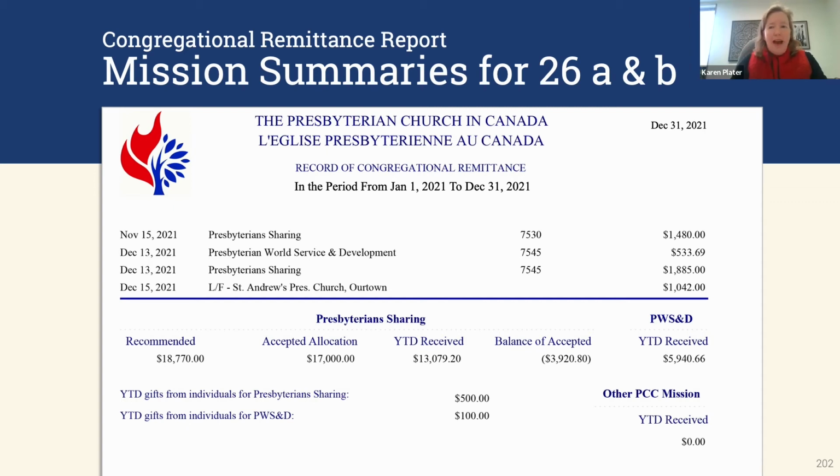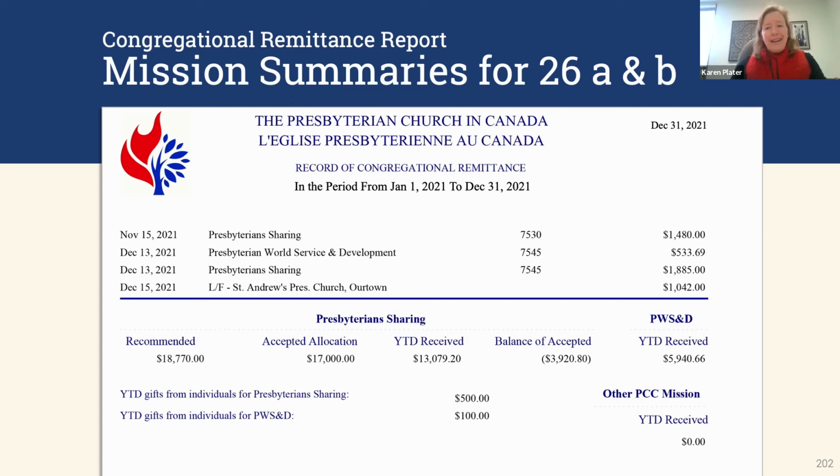And we do compare that with what comes in. In fact, the report that goes in the acts and proceedings actually pulls the number that you have sent in. So sometimes we've had congregations who have collected money for 2021 Presbyterian sharing, and they've missed our deadline. So they've sent it in after January 18th or whatever the deadline is for the PCC books when they were closing. That is going to be reported in the next year.